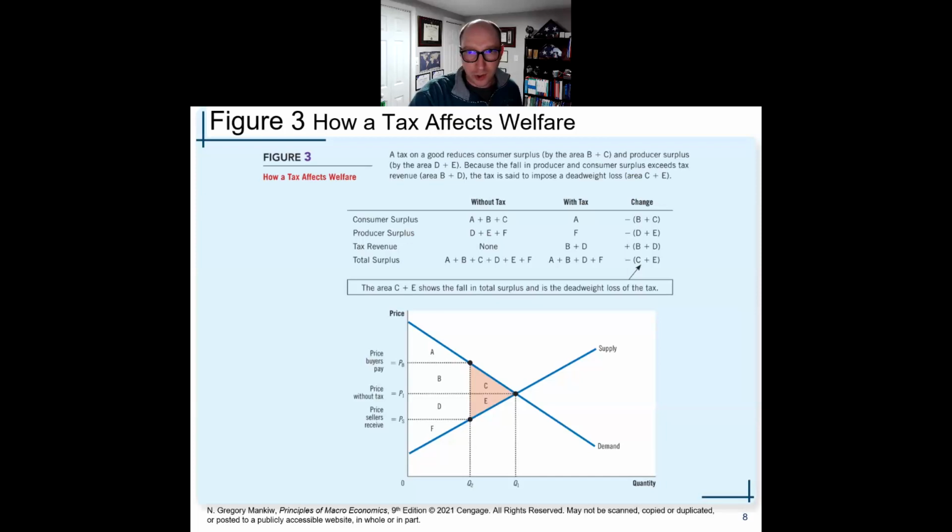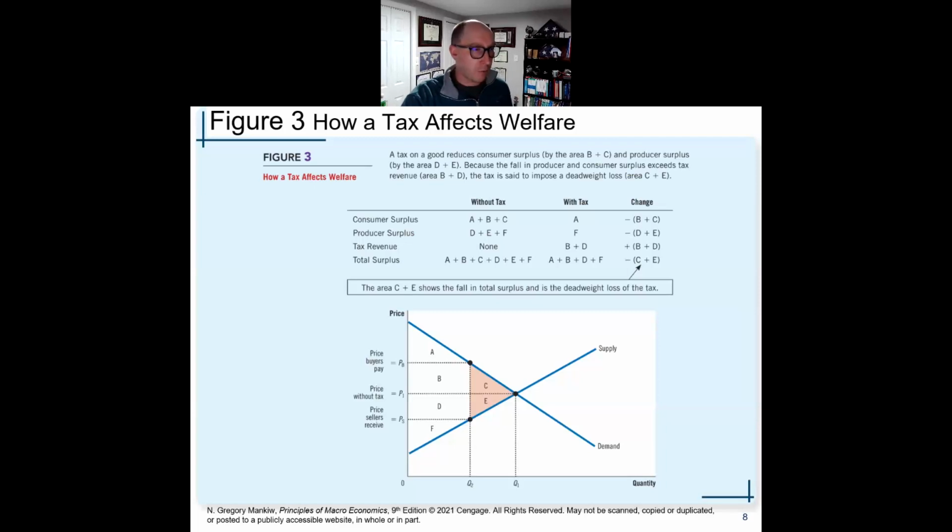So A represents consumer surplus with taxes. A, B, and C represent the consumer side. D, E, and F represent the producer side. And so we can see that areas C and E are representative of the tax, and therefore we say that the amount of the tax only, we call that a deadweight loss for buyers and sellers.